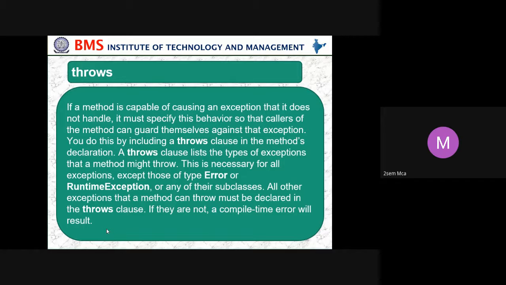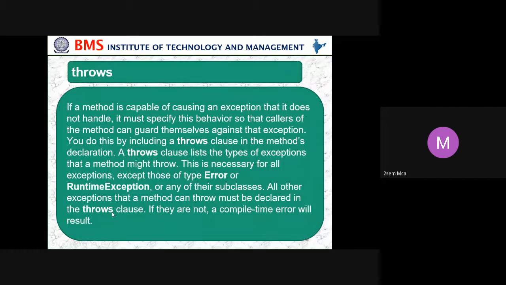So, throws. If a method is capable of causing an exception that it does not handle, it must specify this behavior so that callers of the method can guard themselves against that exception. You do this by including a throws clause in the method's declaration. A throws clause lists the types of exceptions that a method might throw. This is necessary for all exceptions except those of type Error or RuntimeException, or any of their subclasses.